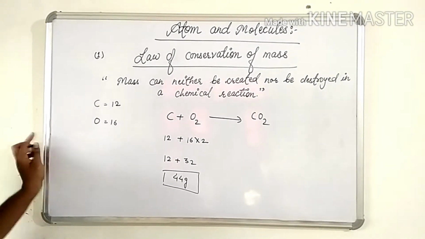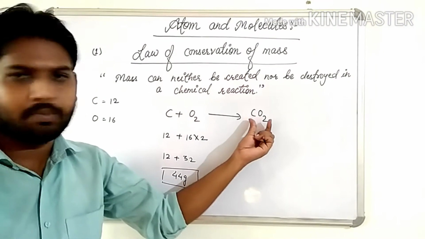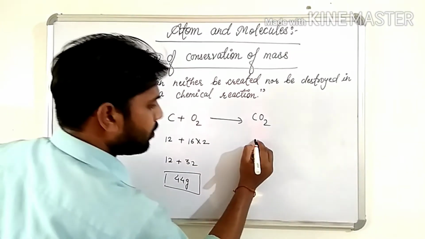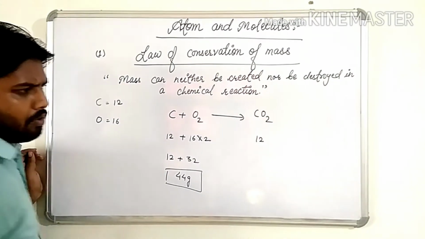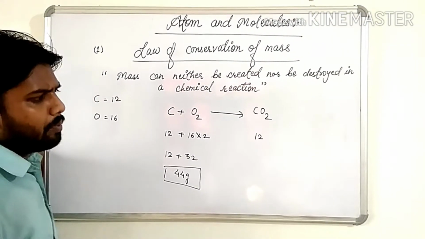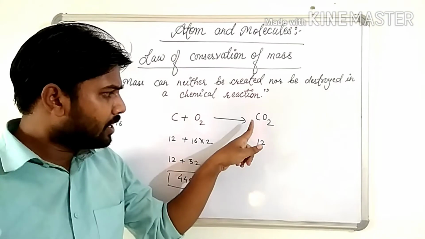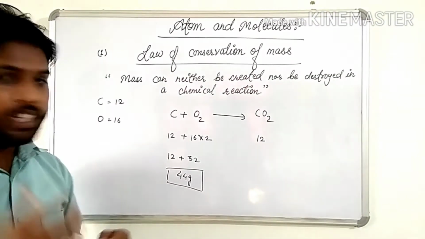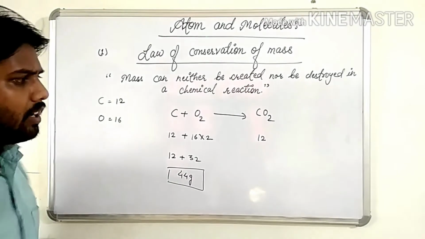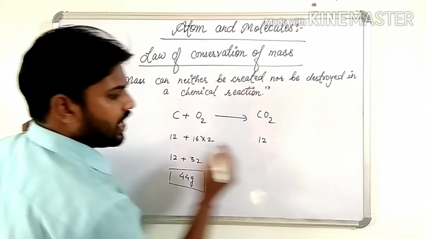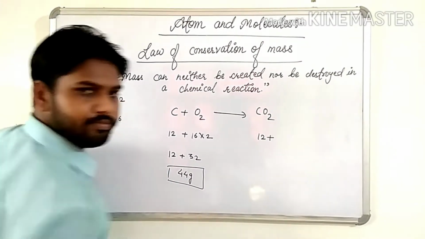Clear children? Now we will check about this mass. Carbon 12. One thing children, you should remember that in chemistry, if different atoms are present in the compound, there will be a plus sign.